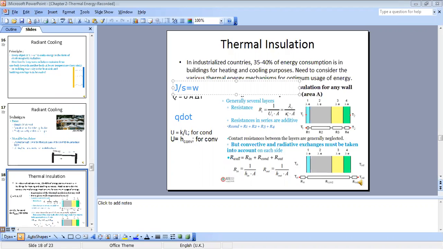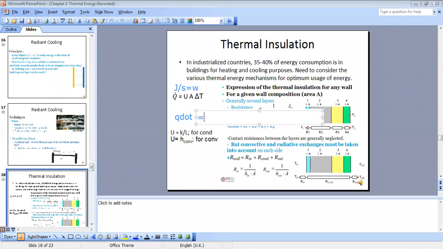It's equal to watt, which is power. So Q dot has unit watt. Q dot for conduction is equal to K times A times delta T over L, for, of course, a certain constant conductivity in the material, where we have linear variation of temperature.